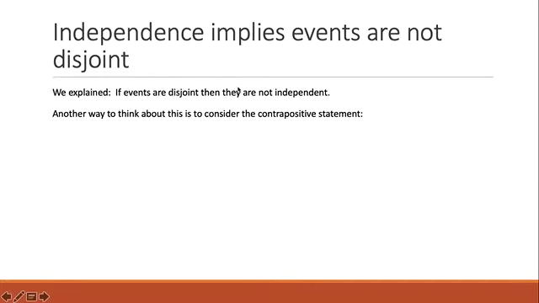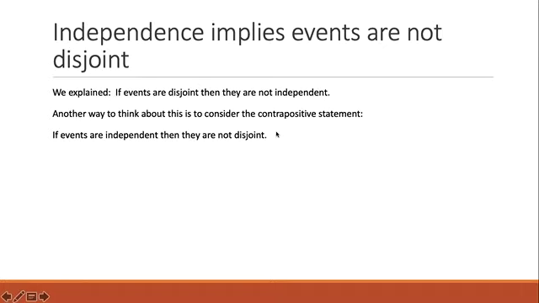Instead of "they are not independent," we're going to negate that and start with: if the events are independent, then we'll negate this and look at the conclusion that they are not disjoint. So in other words, we've already explained if events are disjoint, they're not independent. Another way to say the same thing is to start with saying if they are independent, then they're not disjoint.